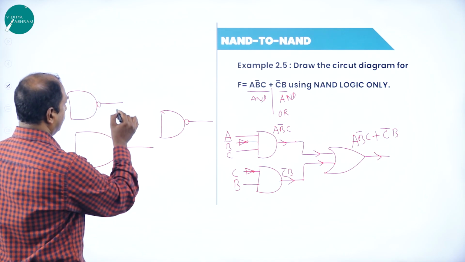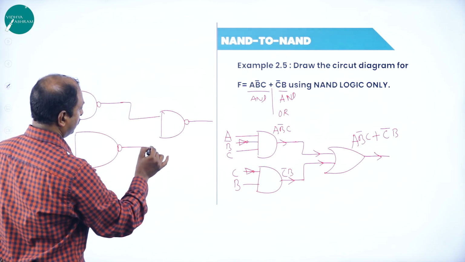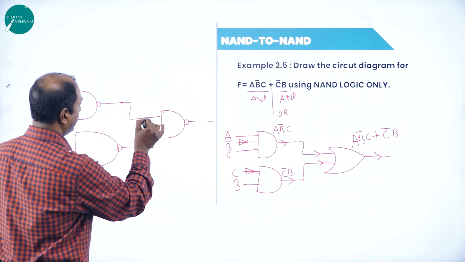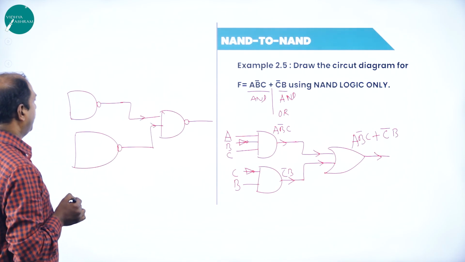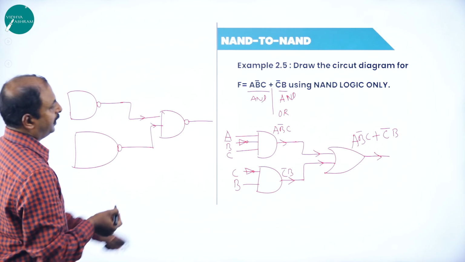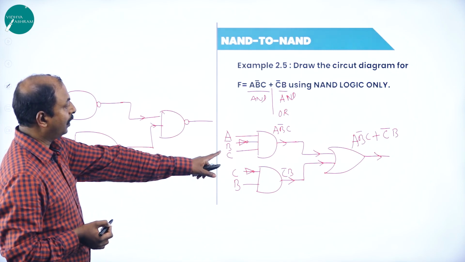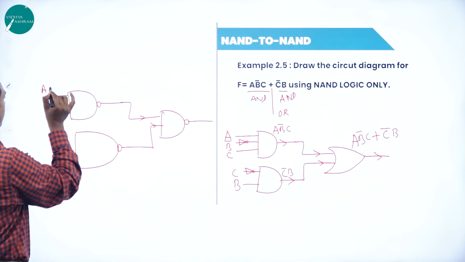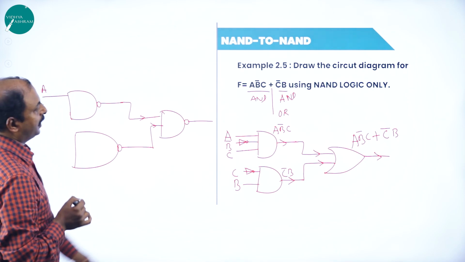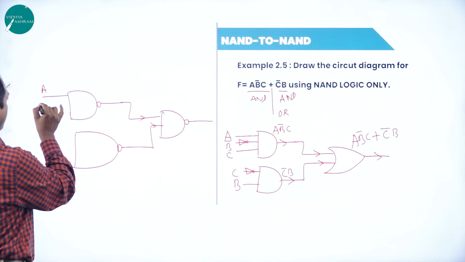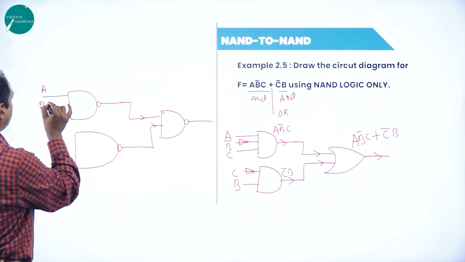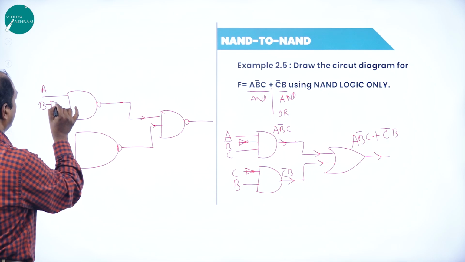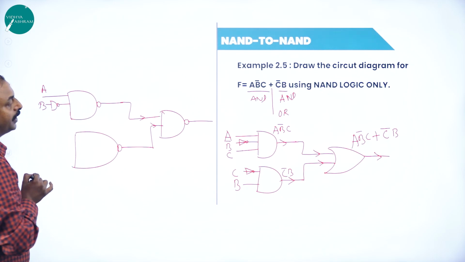So here the output of this will be the input of this gate, and here this is A, B naught, C. So here one input is A, this is B naught, again here is B, this again also will be replaced with a NAND gate.